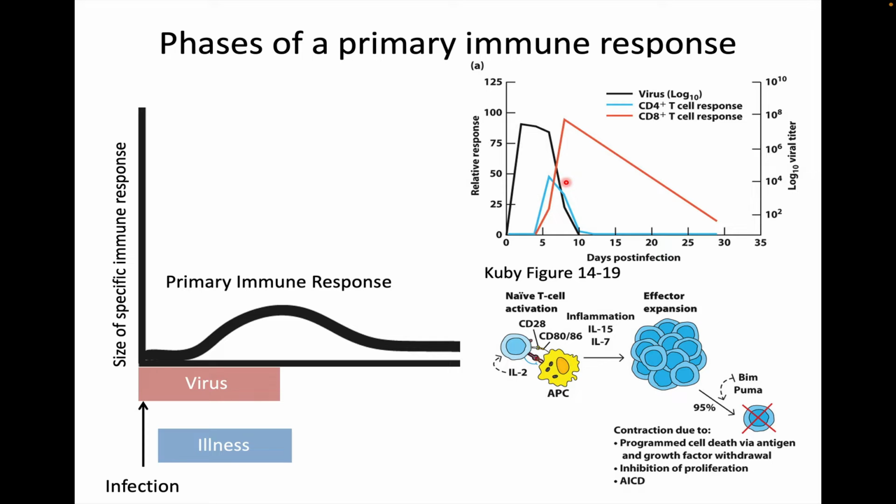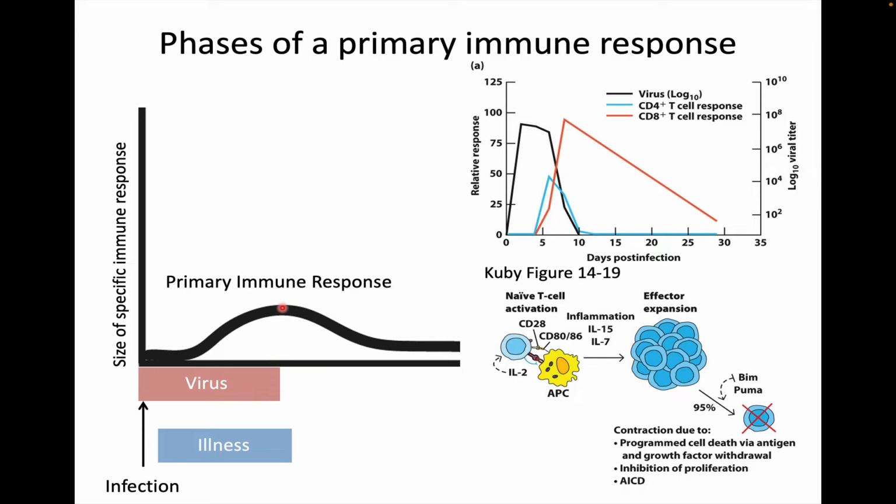And so we can see some of this as a consequence here, that after those cells have undergone some big expansion, the majority of those cells are going to die. And this is known as the contraction phase. There are a number of different reasons, as this figure on the left or on the right shows, why contraction could happen.